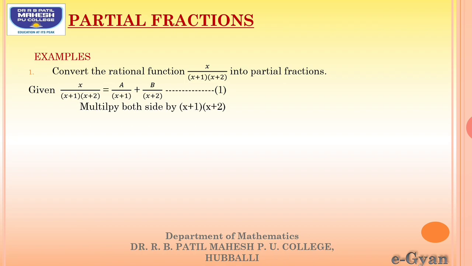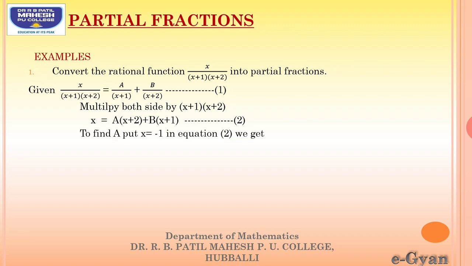The important note is that whatever denominator term is there on the left hand side, you have to take that term and multiply it on both sides. So on the left hand side, if you multiply by (x plus 1) into (x plus 2), we get x equal to a into (x plus 2) plus b into (x plus 1). Call that equation number 2.